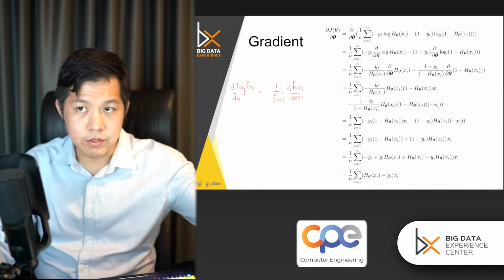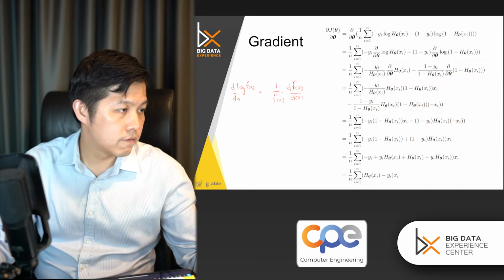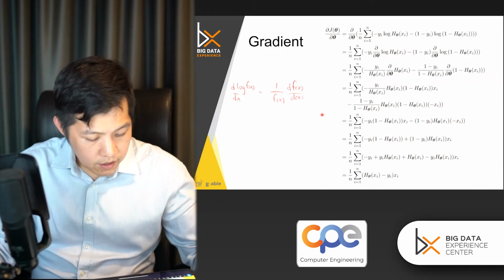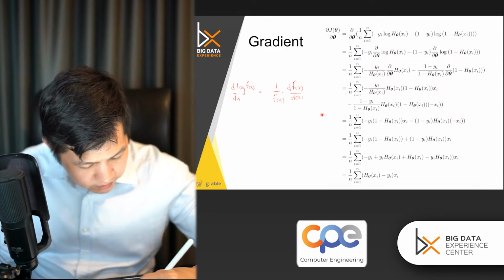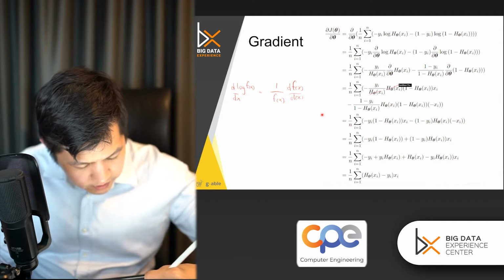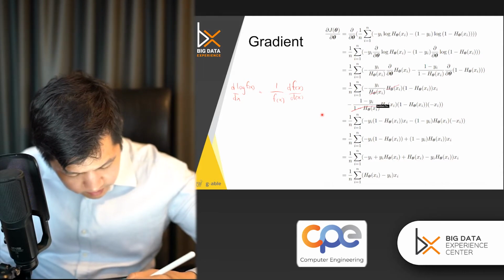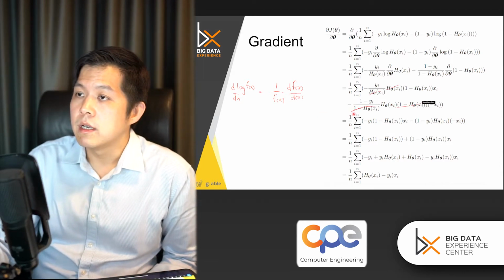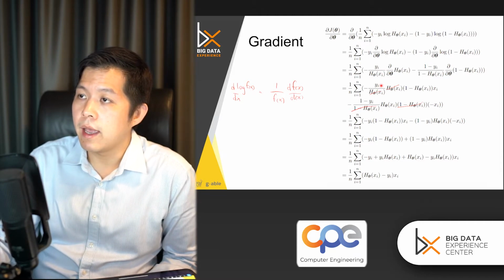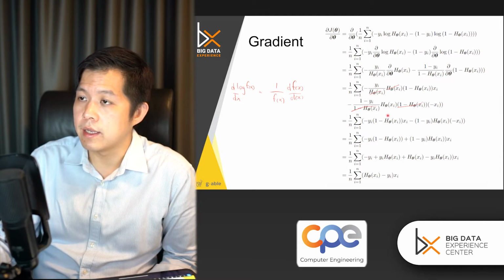I can just use this one instead of that. Also, it cancels each other out. The same goes for this one. Cancel each other out, and that's why we have yi and 1 minus h theta xi and xi.